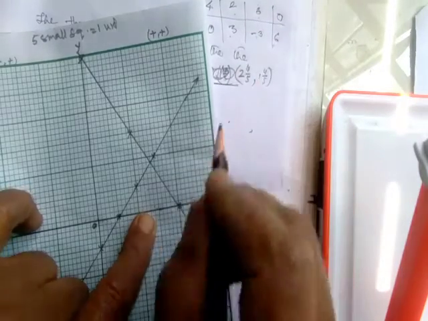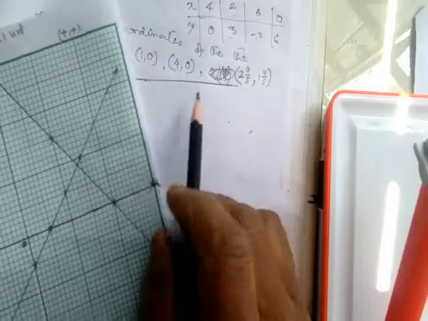So these are the three vertices of the triangle.